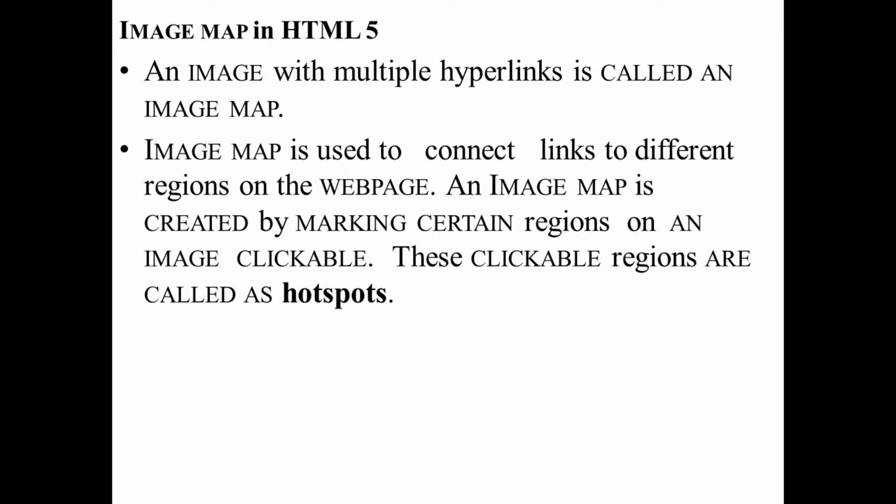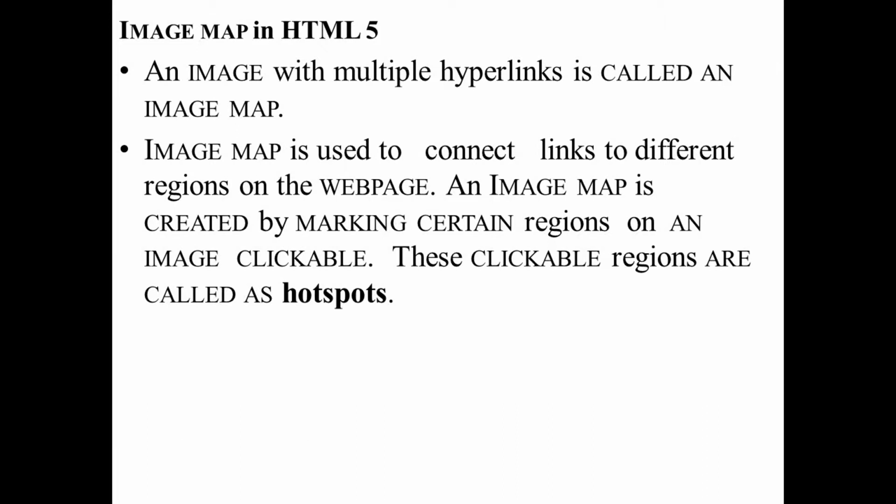An image map is created by marking certain regions on an image clickable. For example, if you have a large image, some particular location will be fixed for something, the second will be fixed for something else, like that. These clickable regions are called hotspots.